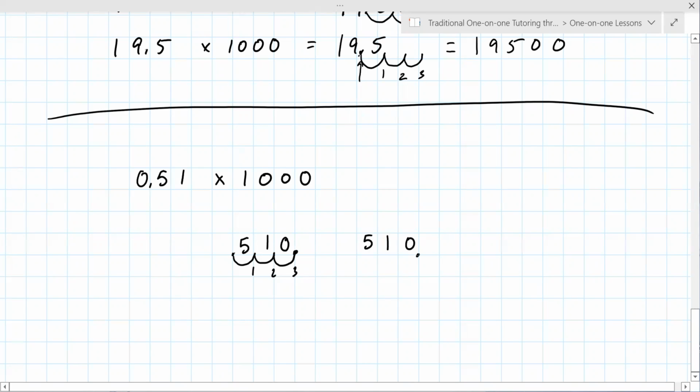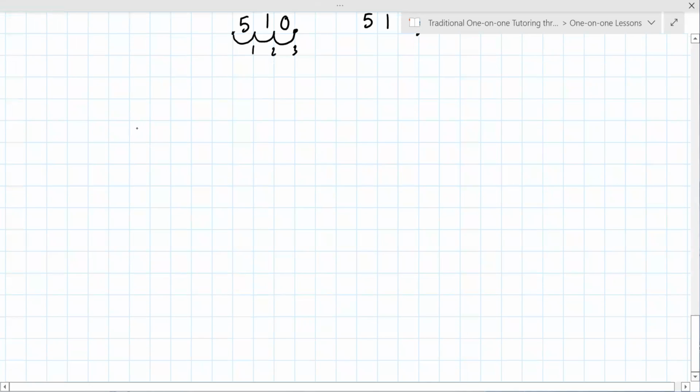You could put the decimal point if you wanted, but it's not necessary. Okay, let's try another one here. Let's say it's 2.3 times 100.